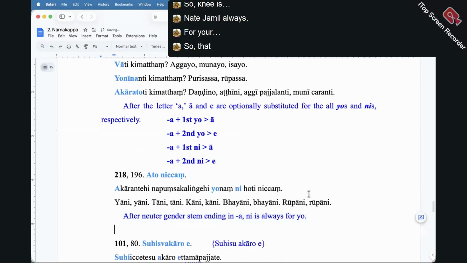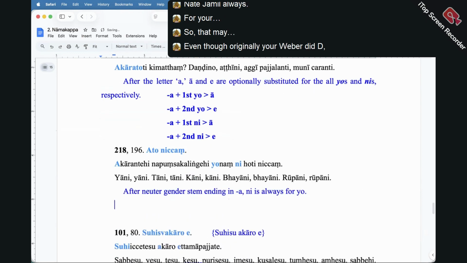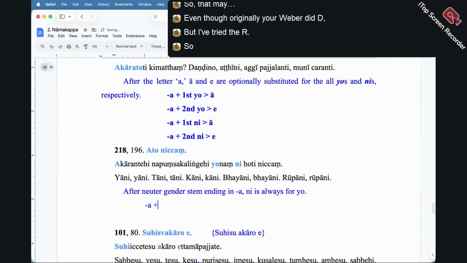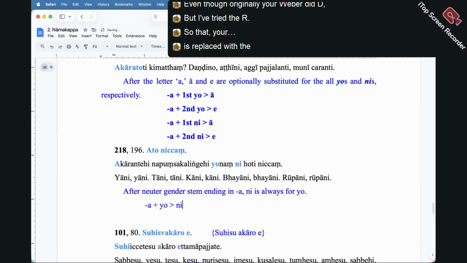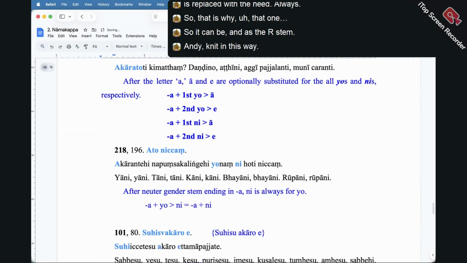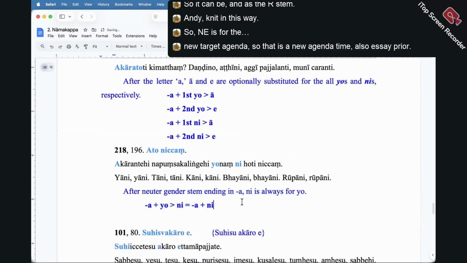So that means even though originally the yo was there, after the stem the yo is always replaced with ni. So that is why the stem and the ni can be understood in this way. So ni is for the neuter gender. So that is a neuter gender sign also, as a pattern.